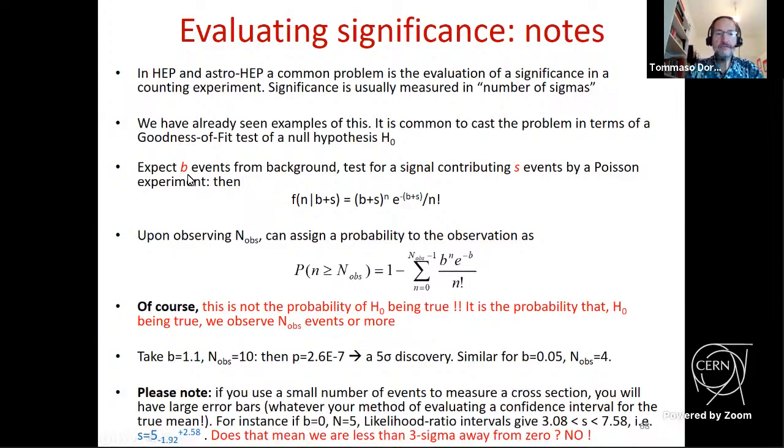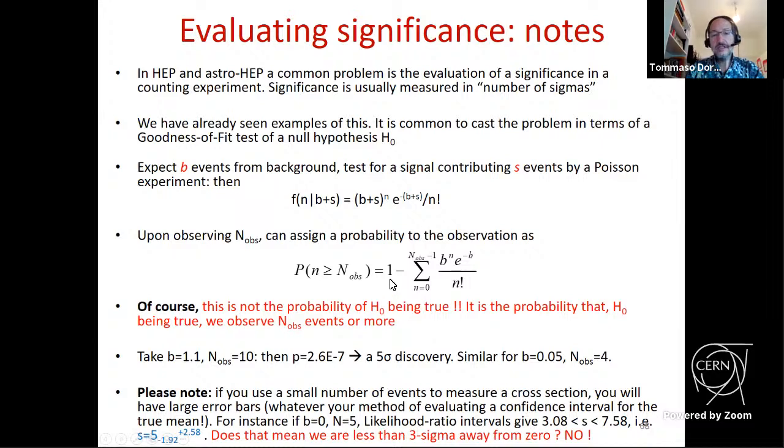So typically we will have B events from background, and we will test for a contributing signal on top of it. So if we want to write the probability for observing n events when the mean rate is B plus S, this is of course a Poisson of B plus S, given we observe n, with B plus S as mean. And so when we observe n_obs events, we can assign the tail probability as the probability of observing a small n larger or equal to the observed number that we got.